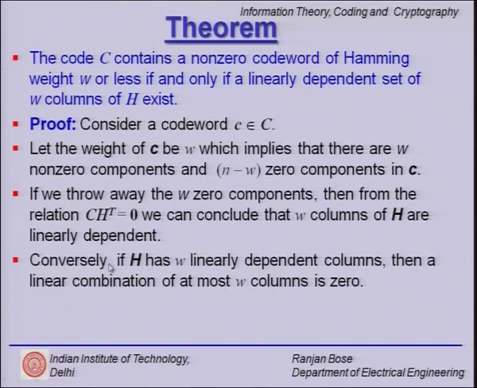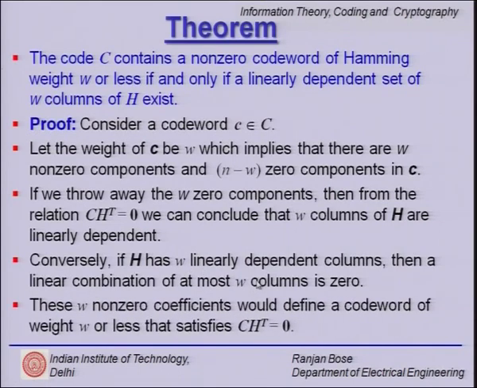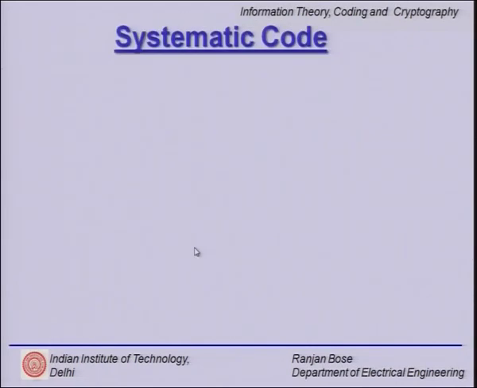Consequently, by carefully observing the number of linearly dependent columns of H, we can make a statement about the W star. Right. So, W non-zero coefficients would define a code word of weight W or less that satisfies this condition. So, we can use this technique to figure out the minimum weight of a code.